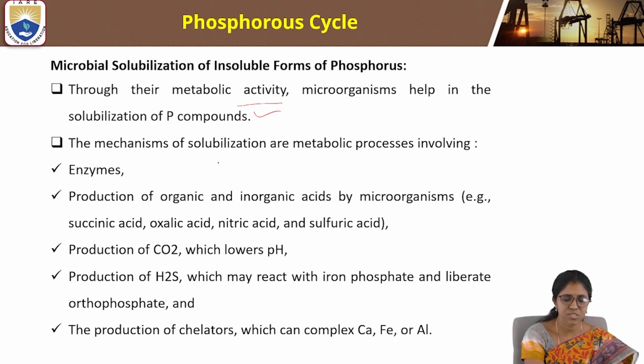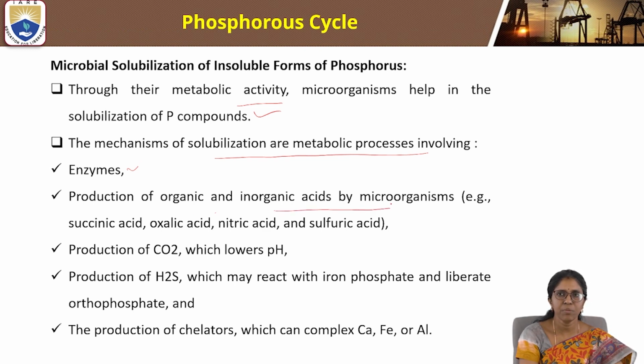The mechanisms of solubilization are metabolic processes involving enzymes, and the production of organic and inorganic acids by microorganisms, for example succinic acid, oxalic acid, nitric acid and sulfuric acid.